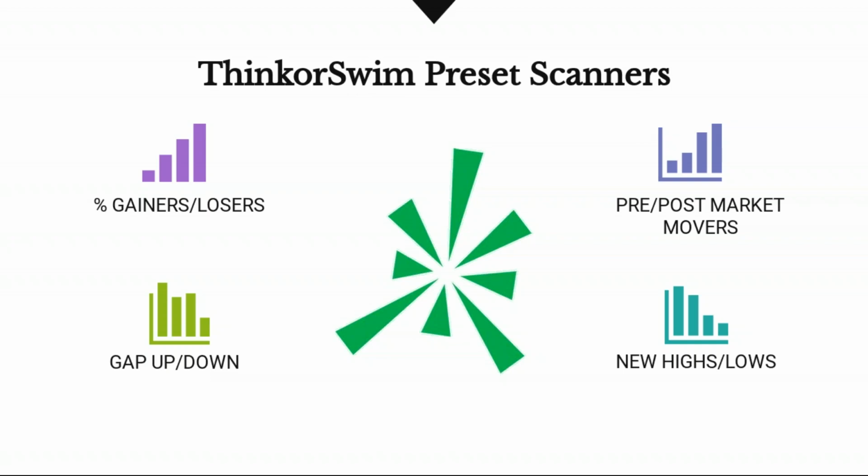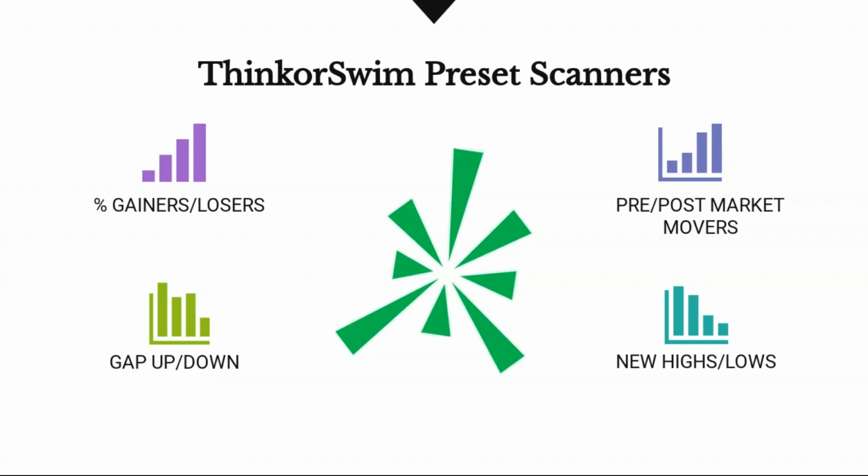Pre and post-market movers, these are the movers that are strictly isolated to news catalysts. Gap ups and gap downs can be anything. They can be pumps. It can be news related. They can be for any reason. If there's a gap up or gap down on a stock, it's going to pick it up.